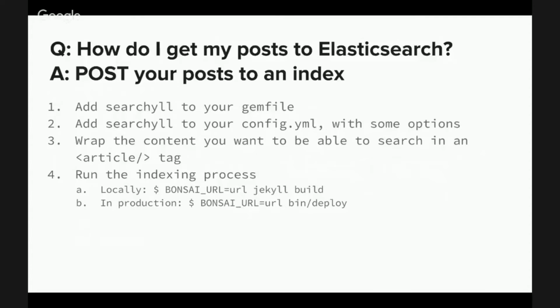You also need to wrap content that you want to be able to search in an article tag, and we'll go over that in a second. And then you just run your indexing process through the build. So locally, if you're indexing locally, you just run your Jekyll build command with your Bonsai URL as an environment variable, or in production with whatever your deploy script is, with your Bonsai URL and your environment.